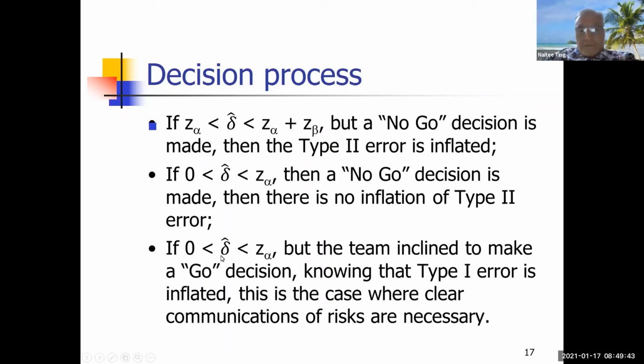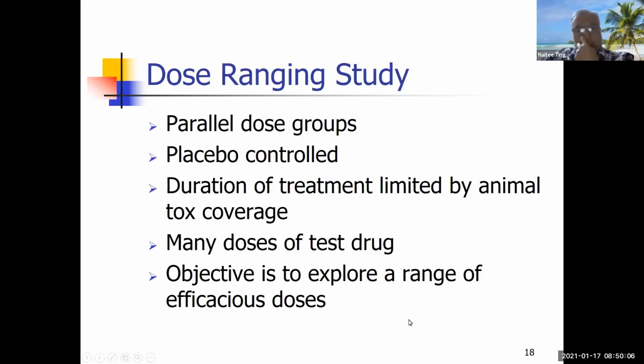Now, if delta hat is less than Z alpha, but the team is inclined to make a go decision, knowing that type 1 error is inflated, this is a case where a clear communication of the risks is necessary. So these are the discussions we have to have in communicating the risks the team is willing to take. I will get to the risk of inconclusiveness later. That is the gray zone area.